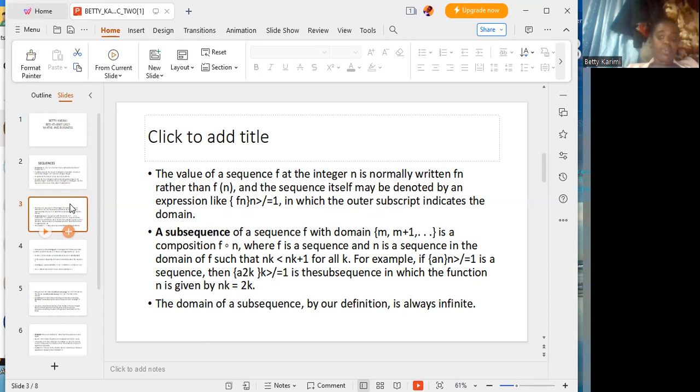For example, if (a_n), n ≥ 1 is a sequence, then (a_{2k}), k ≥ 1 is a subsequence, in which the function n is given by n_k = 2k. The domain of a subsequence by our definition is always infinite.